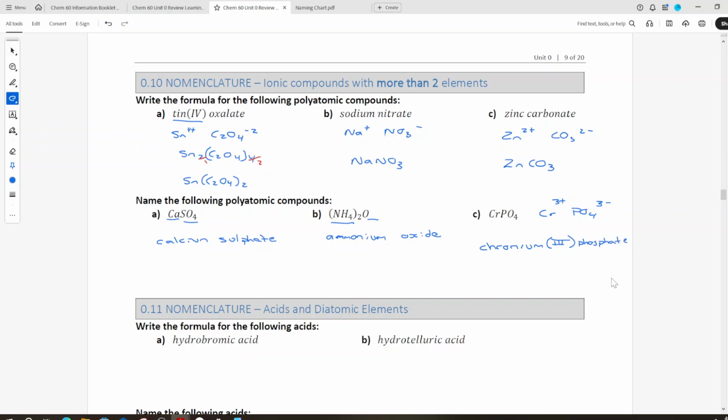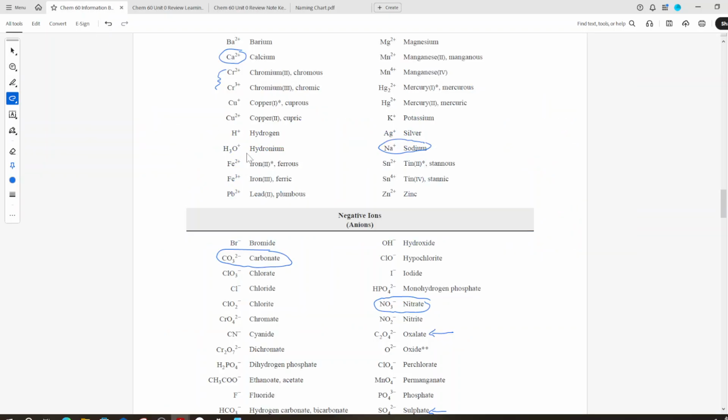Now, I don't know if you noticed when we were looking at the polyatomic sheet, when you have these type 2, everybody's too lazy in the world, and so writing chromium 2 or chromium 3 or copper 1 or copper 2 is sometimes too much work. So they do give them alternate names. You could call this chromic instead of chromium 3.